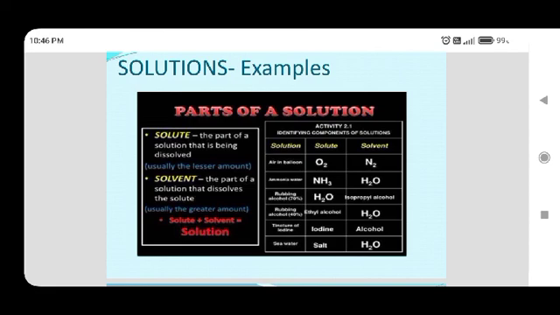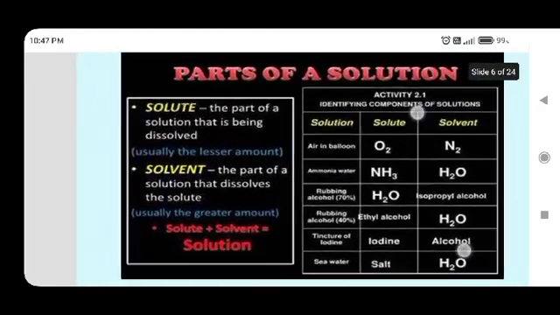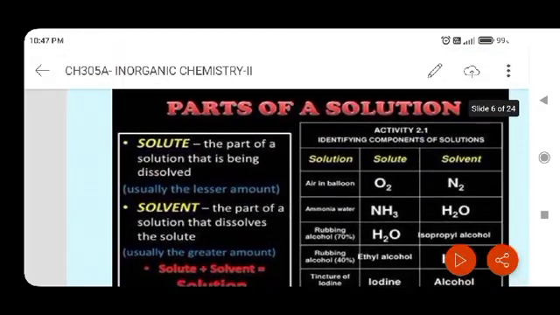So solute plus solvent gives solution. Here we have some examples identifying the components of solution. For air in a balloon, we have oxygen as a solute and nitrogen as a solvent. That is the first example here.